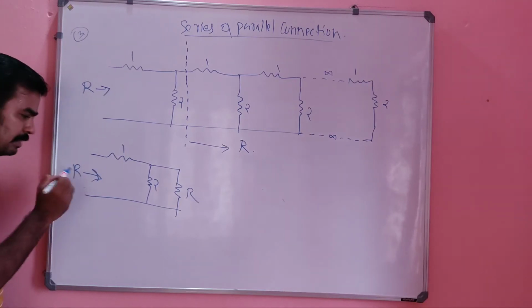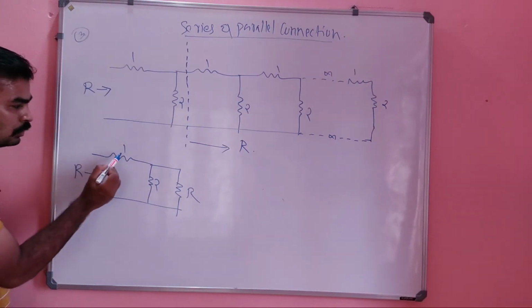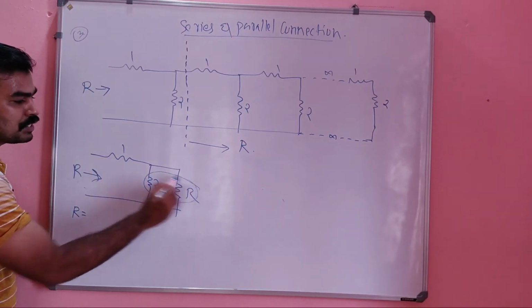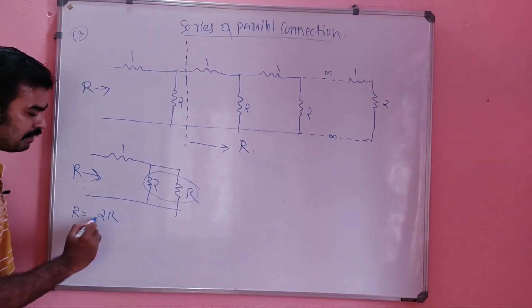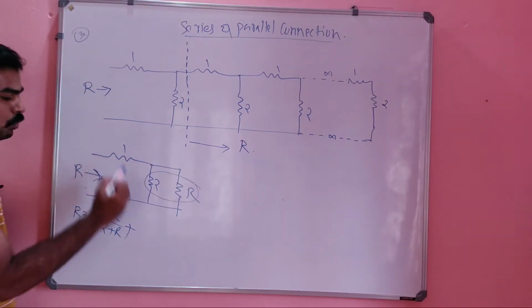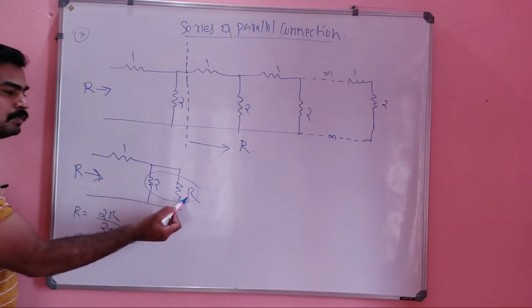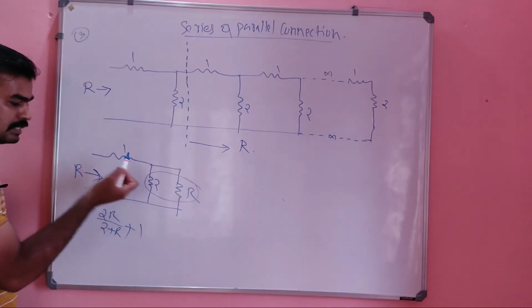So this side R will be equal to what? The parallel combination of these two, that is 2R divided by 2 plus R, plus 1 ohm. Clear? So R will be equal to 2R divided by 2 plus R, plus 1.